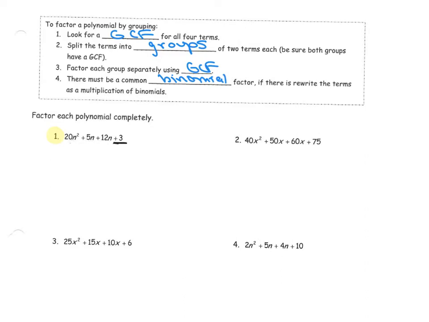From looking at these first 2 terms, we have 20n squared plus 5n. I notice the GCF is 5n. So we're going to factor out a 5n. 20n squared divided by 5n, well, that's 4n. 5n over 5n, well, that's 1. That satisfies that. Let's take a look at the second set of terms. 12n and 3, they both have 3 in common, but it's a positive 3.